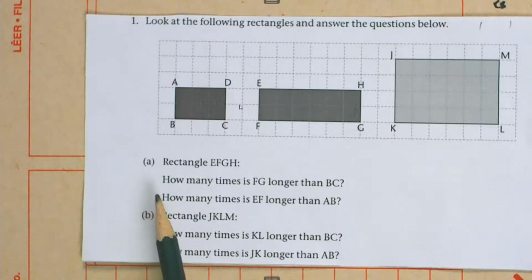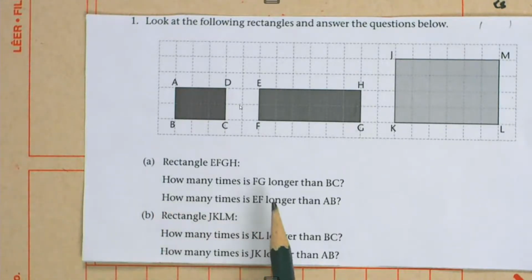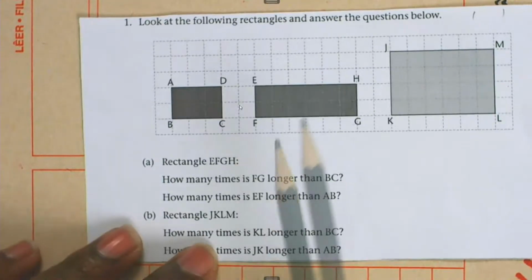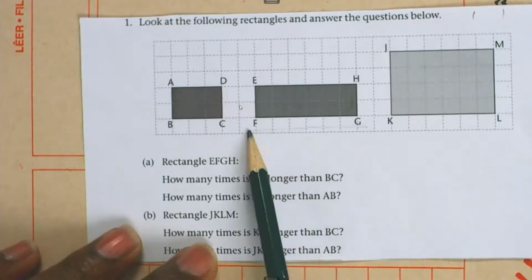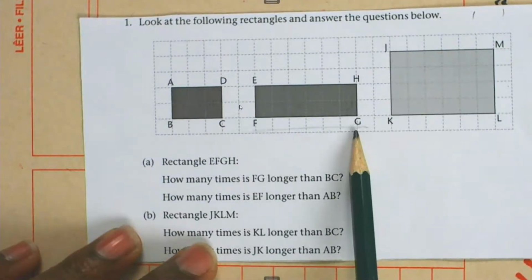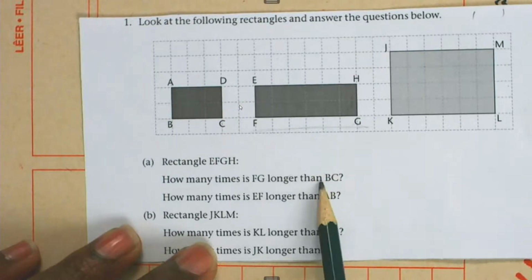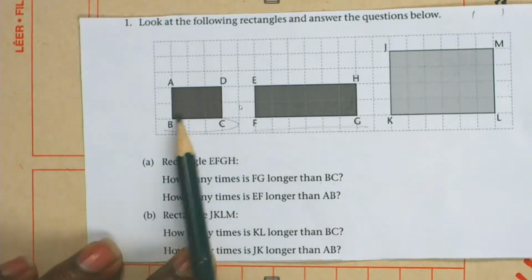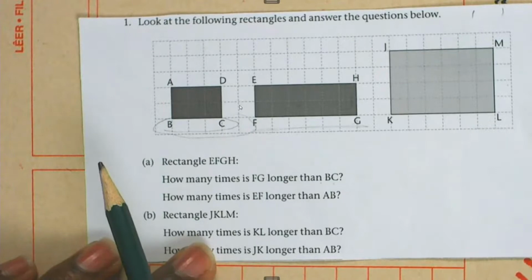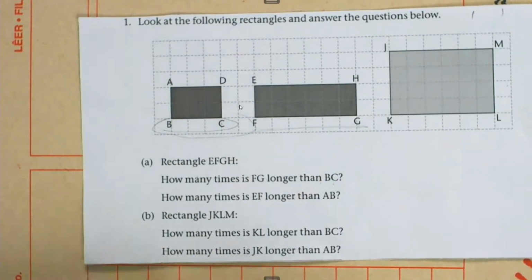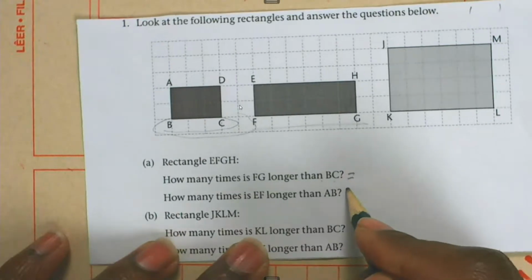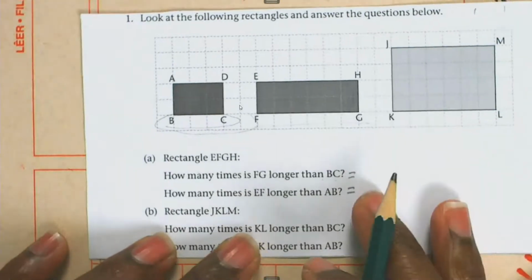Question number 1 says, how many times is FG longer than BC, which is this one? How many times? So I'm going to put the equals to sign.